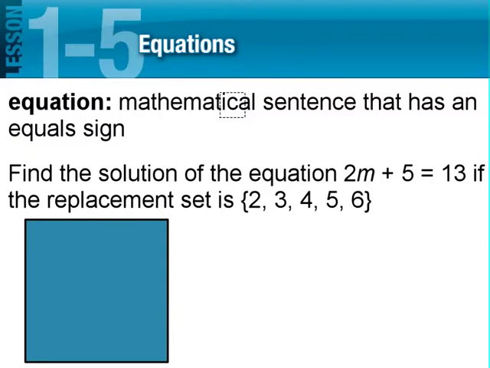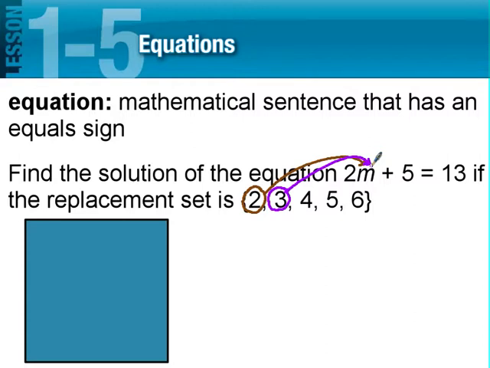What this means when it says replacement set, I'm going to take that number 2 and I'm going to plug it in here for m. And I'm going to see if that equals 13. If it equals 13, that's one of my answers. I'm going to take the number 3 and plug it in here for m, and see if 2 times 3 plus 5 equals 13.